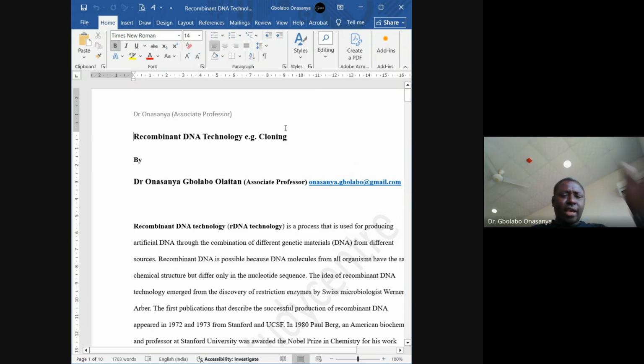Now, take a look at this. Recombinant DNA technology. Are you seeing this, the slide I'm sharing?